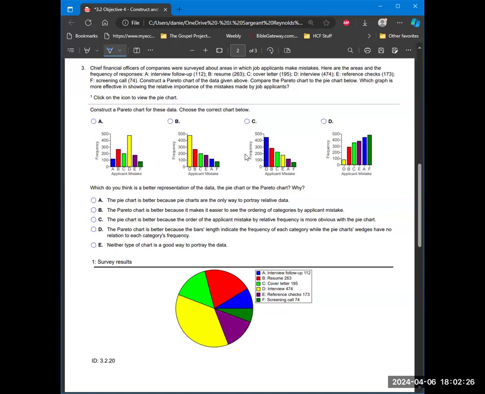So again, we're going to want something that goes from high to low. So that's not going to be this or this. It's going to be, let's see which one is the highest. It looks like 474 for the interview, but they called that D. So that is here.